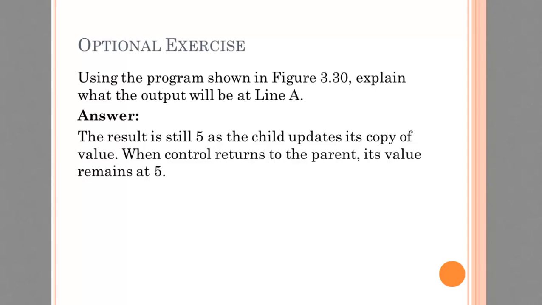So it makes changes, and when it comes back, the parent still has the original value, and the original value is 5. So you may want to review the local and global variables between parent and child processes to understand how all this works. If you looked at functions or methods, when a method has a copy of a value, it changes that value, but it does not change the global value. It's only changing its local copy of that variable.